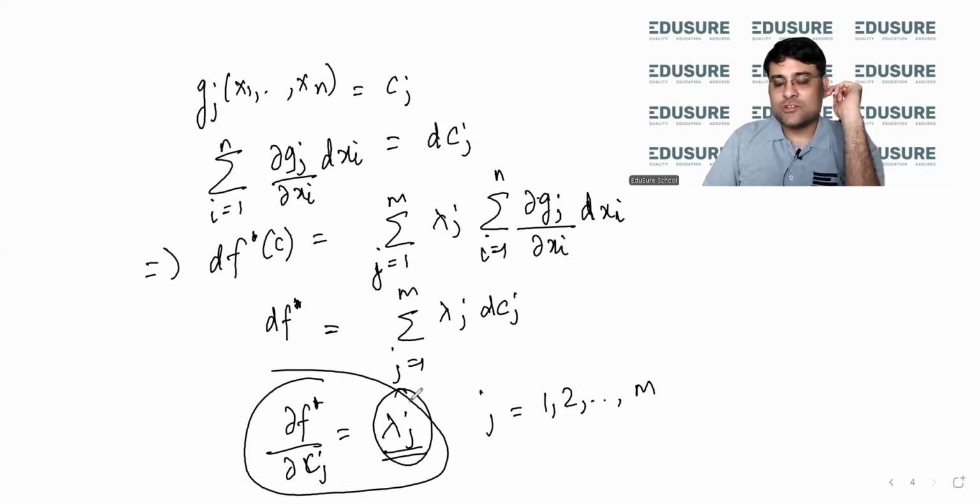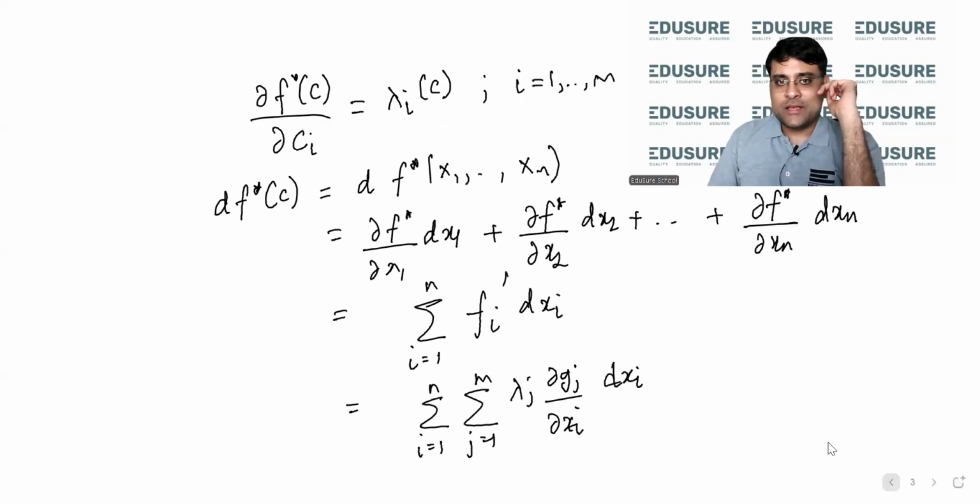So this Lagrange multiplier forms a key area when it comes to economic studies, because this basically tells us the movement of the optimal value of f according to changes in the constraint.